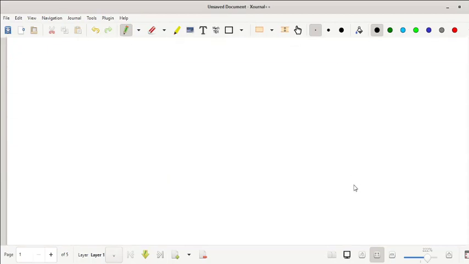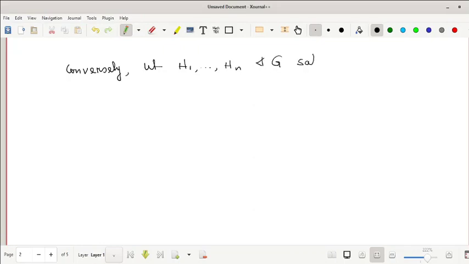Let us prove the converse. Conversely, let H1, H2, ..., Hn be normal subgroups of G satisfying the given conditions.